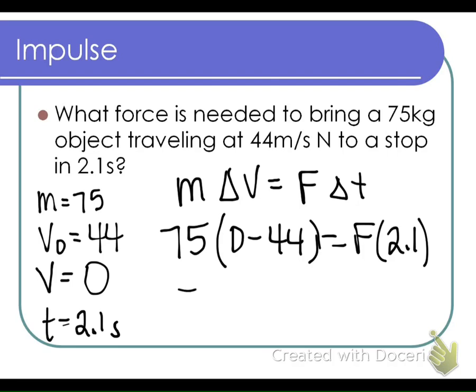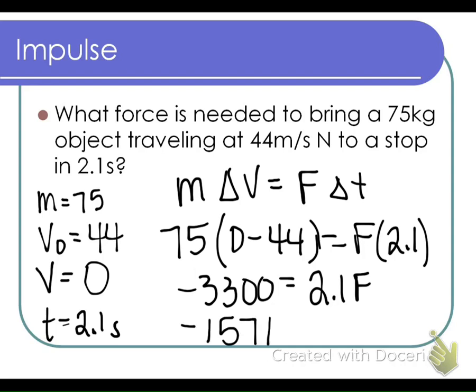So on our left side of the equation, I think we get negative 3,300 equals 2.1 F. Okay, so our force should be what? Negative 1,571 newtons.